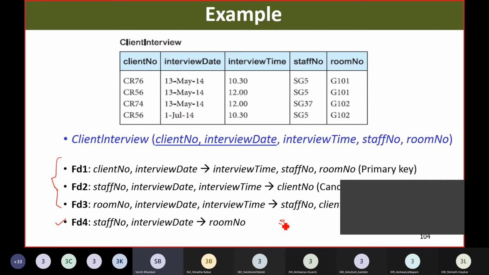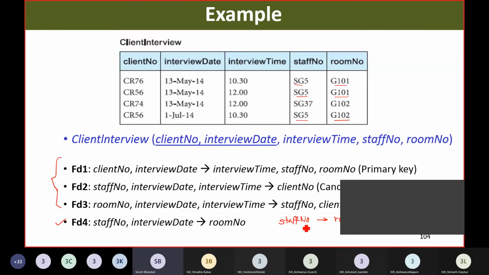We are not saying that staff number determines room number. Is this a valid dependency? Staff number determines room number. See here, staff number SG5, room number G101. But for the same staff SG5, we have here another room number G102.